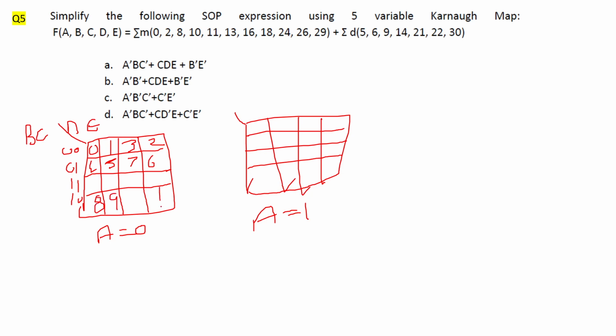8 9 10 11, 12 13 14, and this one is 15. This is 16 17 18 19, 20 21 22 23, 24 25 26 27, 28 29 30, 31.